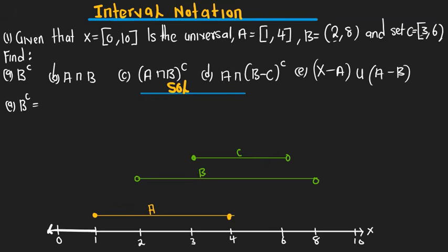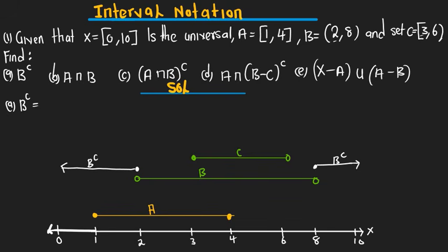So let's go where there is set B. Set B has an open circle here, so I'm going to close it. Then I'll take it this side. B complement. Even here, close the circle. Then this becomes your B complement.